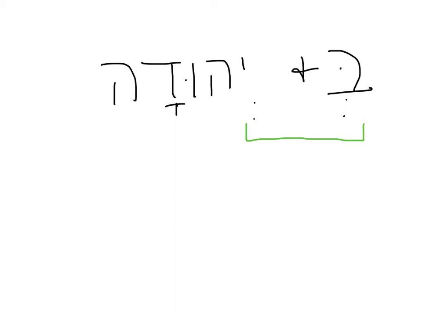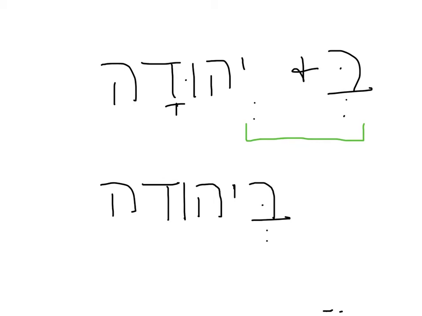And so what happens in this case is we will go ahead and add the letters. So I'll actually go ahead and do it for a moment, but it doesn't actually work in real life. We can't do this. So what happens, to take it in steps, is the first shva compensates and becomes a hirik.